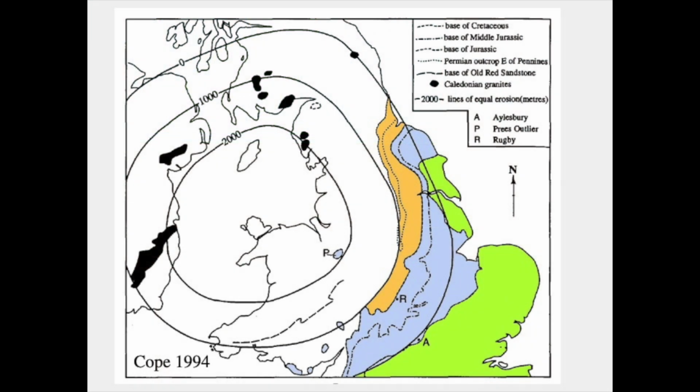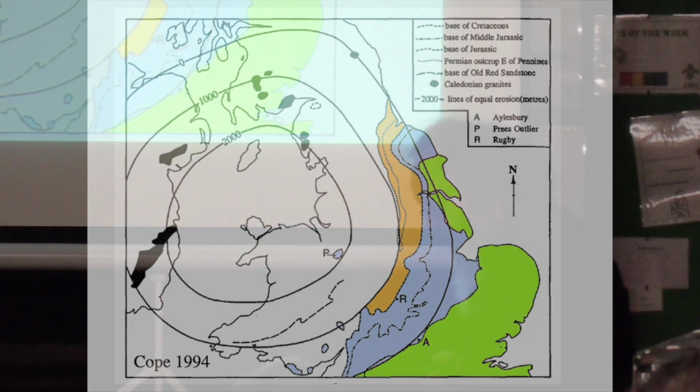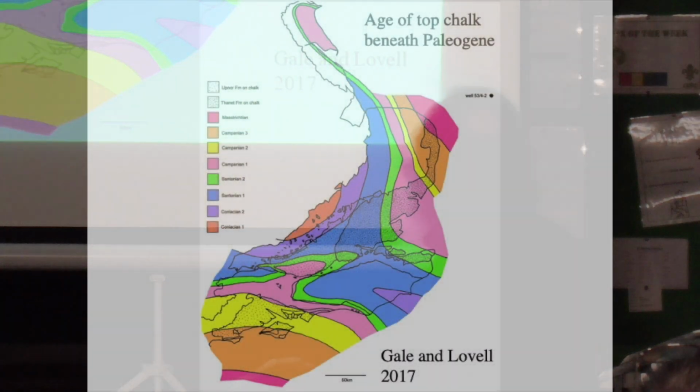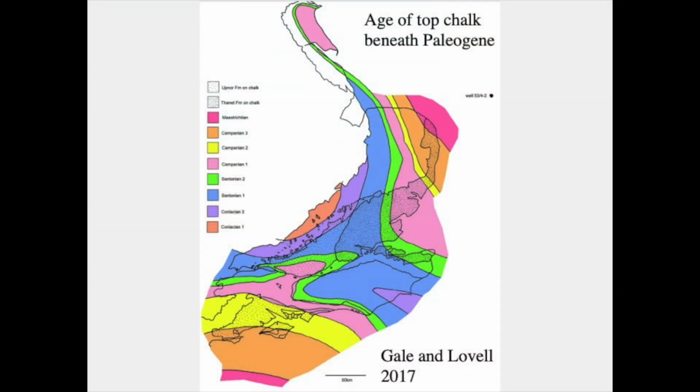So I thought, well, let's check this out by looking at the chalk. So I spent a horribly long time looking at the age of the chalk immediately underlying the Paleogene. And it's really fascinating. So these are the youngest bits, the Maastrichtian. Remember the Maastricht Treaty?